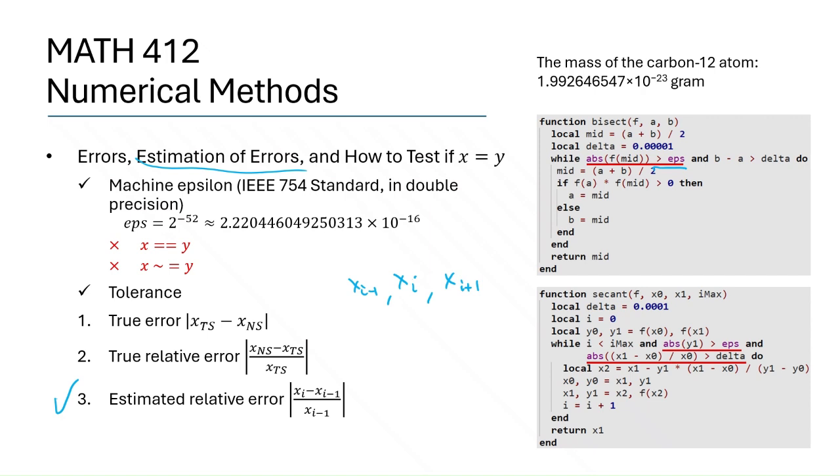It's called the estimated relative error. Here you see, x0 is x sub i minus 1, and x1 here in the code is x sub i. So you see that's in the code. We use the estimated relative error, and that's a topic in algorithms.